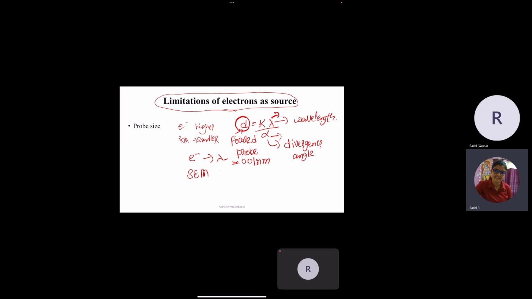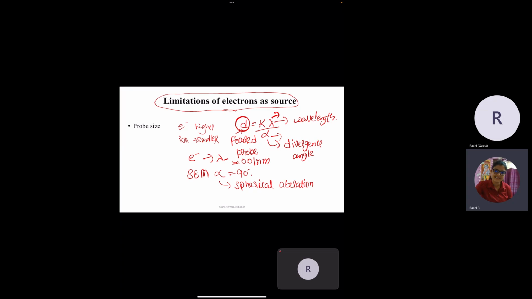In SEM the maximum alpha is 90 degrees, but if we keep it at 90 degrees, the spherical aberration becomes large. In previous lectures we discussed there are three types of aberration.